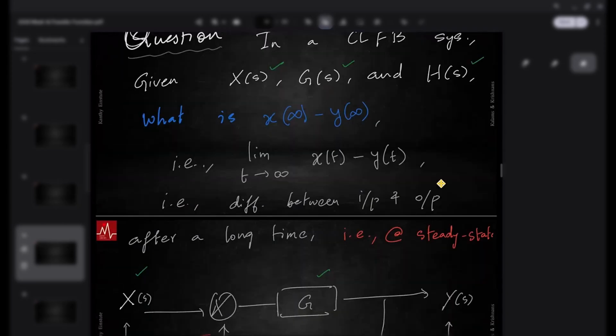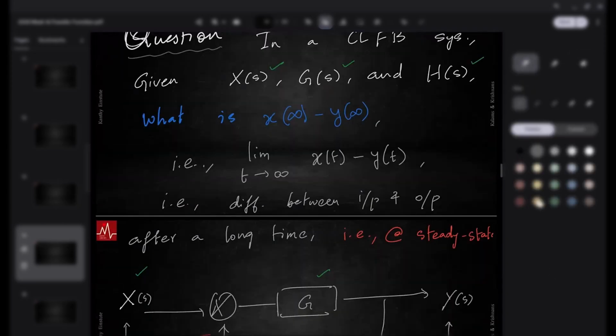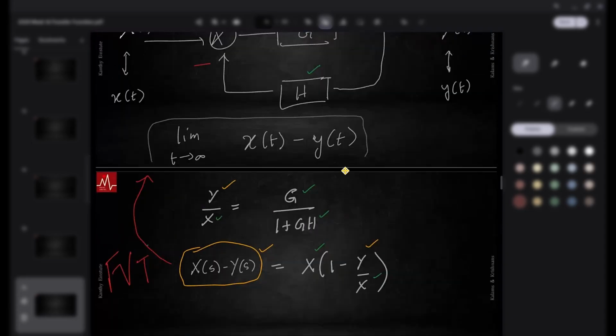This has to do with the steady state, and the quantity that I asked specifically is the error. What we are finding here is the steady state error.